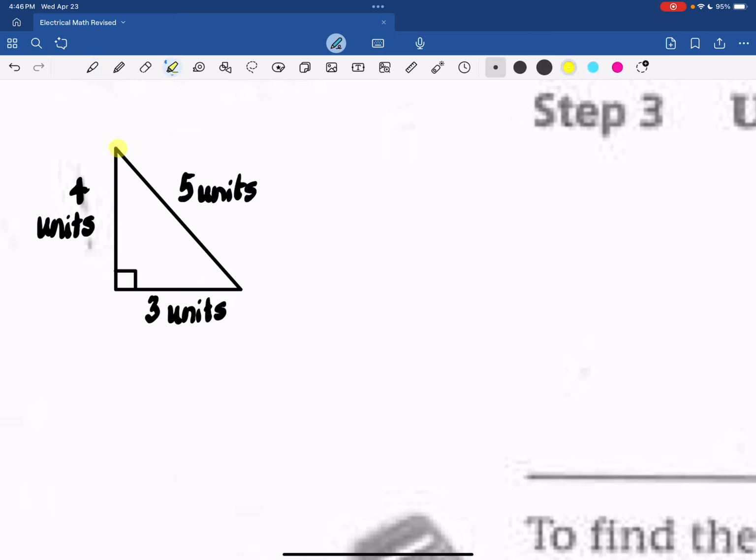And let me highlight for you, there's the hypotenuse. Here's a leg. And here's a leg. So those are the elements of the right triangle. And we can say that this is a 3, 4, 5 triangle. It's called a Pythagorean triple.